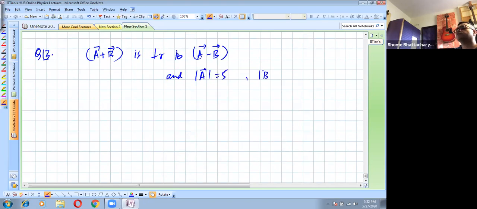So from that now you have to find mod of B. So just apply the perpendicularity condition now. If two vectors are perpendicular to each other, then it implies that their dot product should be 0.